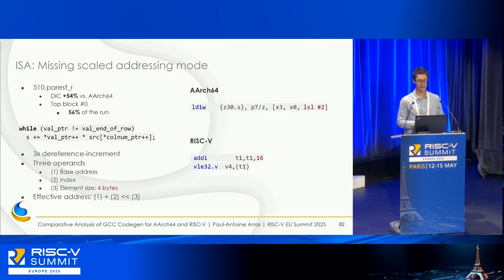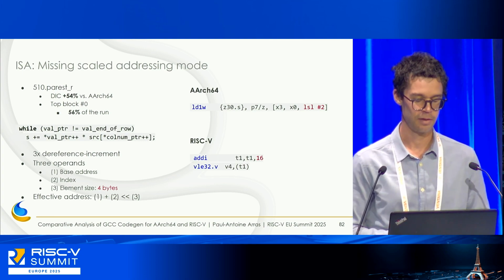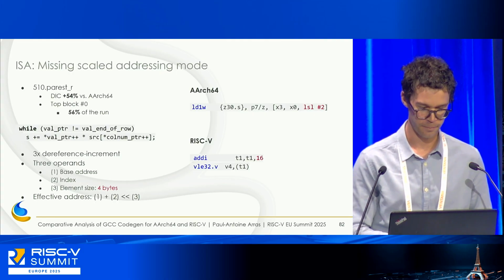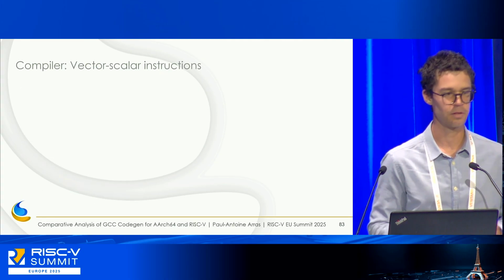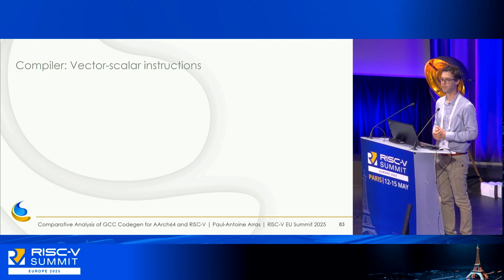First we need an add instruction to compute the offset into the array, and then a second instruction that's going to do the load itself. Here the address is computed into T1, and then the result is loaded into a vector register V4. So that's just one example of an addressing mode that exists in ARM but doesn't have an equivalent in RISC-V.